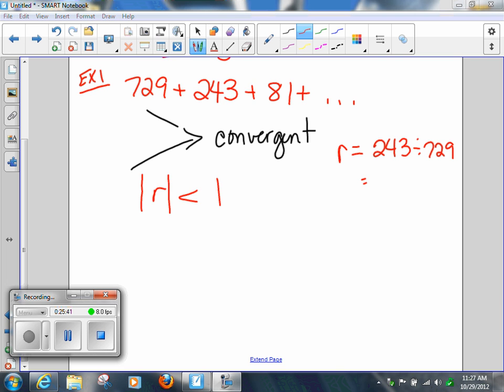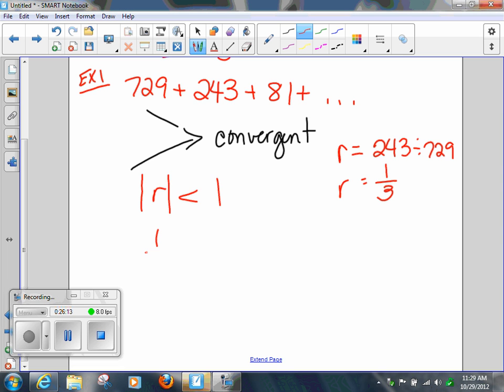Here we go. 243 divided by 729, what is it? It's 1/3. The ratio is 1/3.